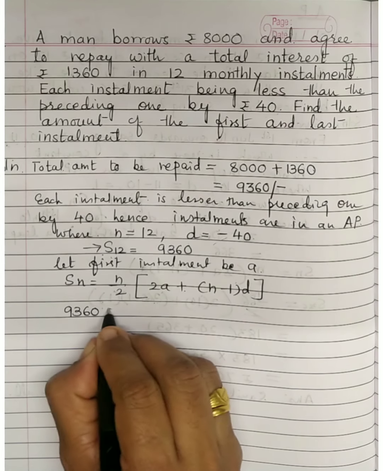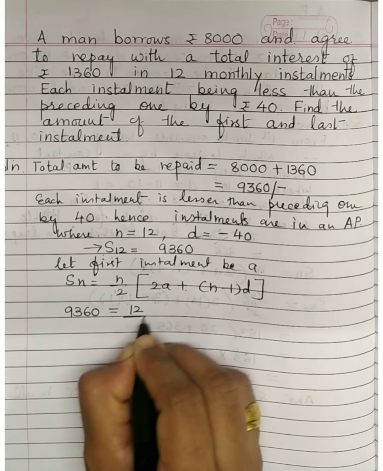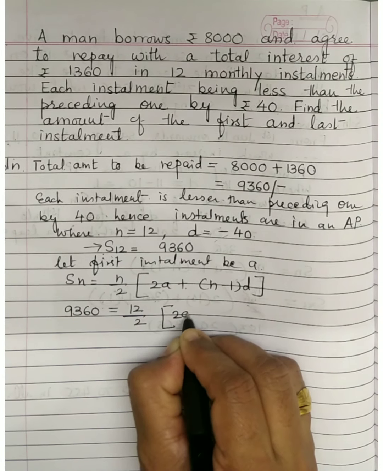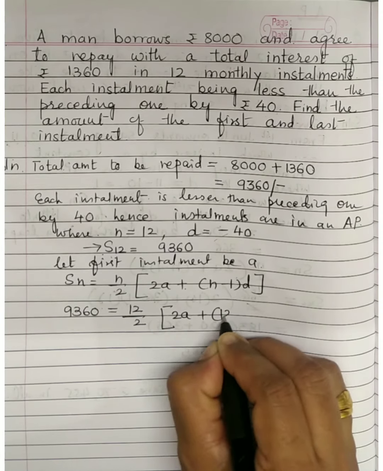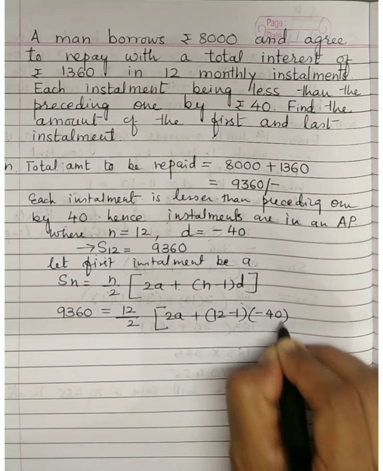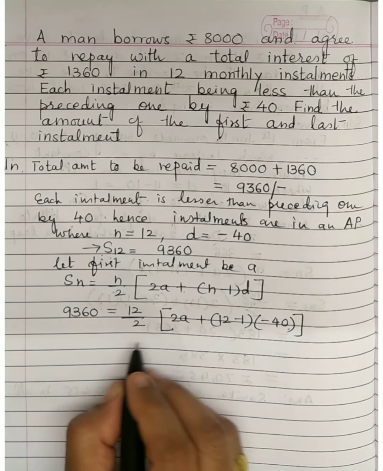Sn, that is 9360, is equal to 12 by 2 bracket 2a, a is missing, plus 12 minus 1 into, put a bracket. Have you seen I have put a bracket? Why? Because it's negative.